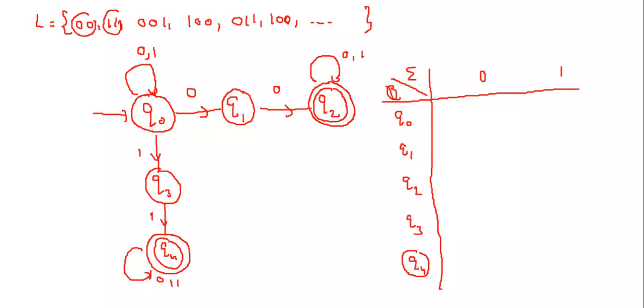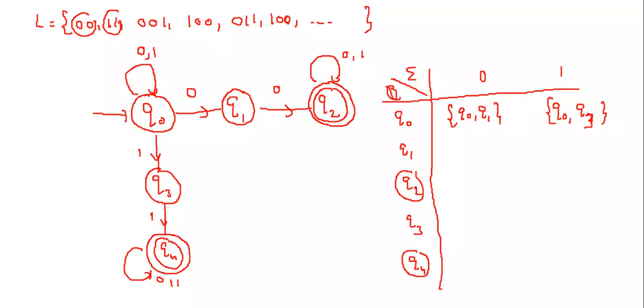Here Q4 is a final state and Q2 is a final state. Now you have to write all the transitions. On seeing 0 at Q0, where are you going? Either you are going to Q0 or Q1. On seeing 1 at Q0, you are going to either Q0 or Q3.